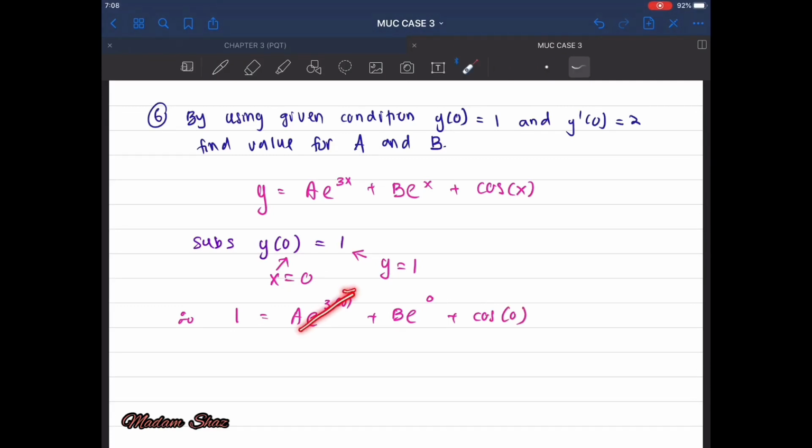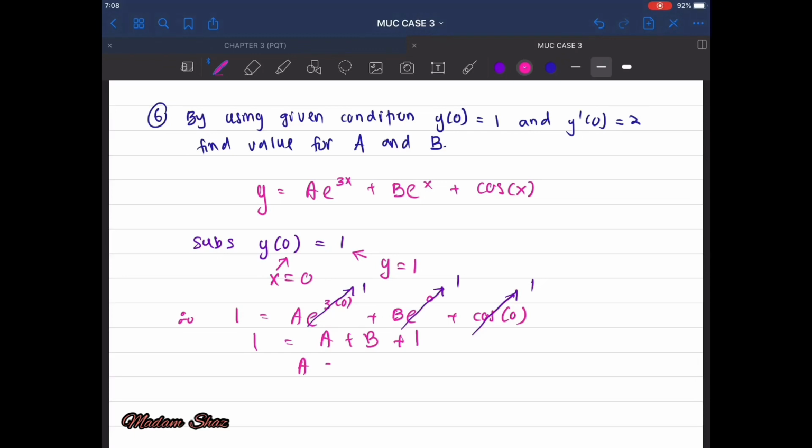So simplify, as we know exponent 0 equal to 1, exponent 0 equal to 1 and cos 0 equal to 1. So 1 is equal to A plus B plus 1.